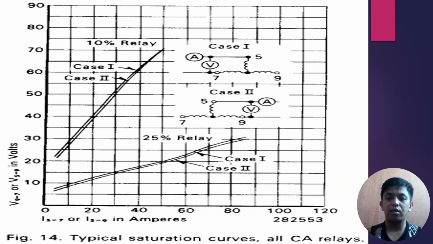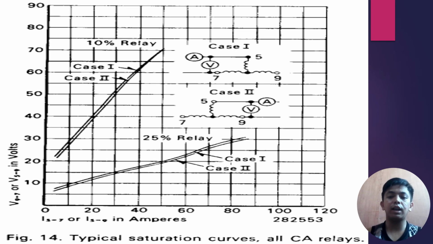Then, this graph shows typical saturation curves for a 10% relay and a 25% relay. These curves relate the voltage on the y-axis and the current on the x-axis passing through the relay.